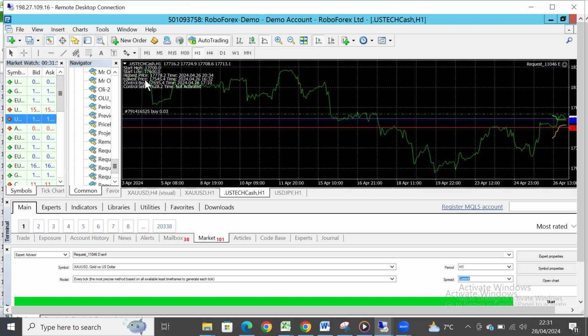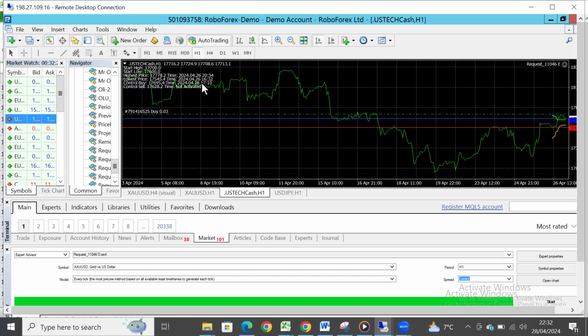So as you can see from the report that we have here, we have the highest price on the 26th of April at 8:20:34. And then we have the lowest price on the 26th of April at 16:32. And then we have the control buy on still the same day, 26th of April at 17:10.